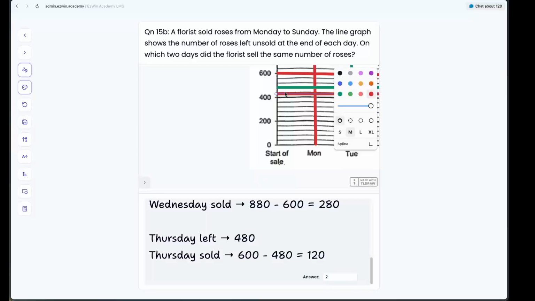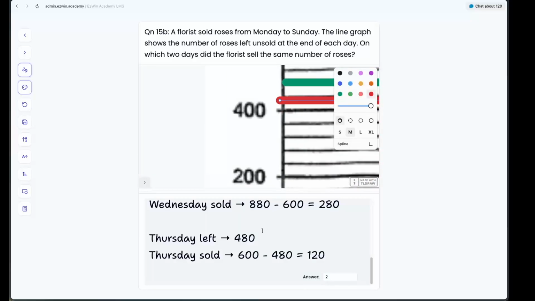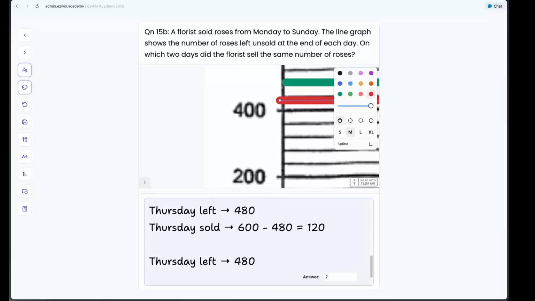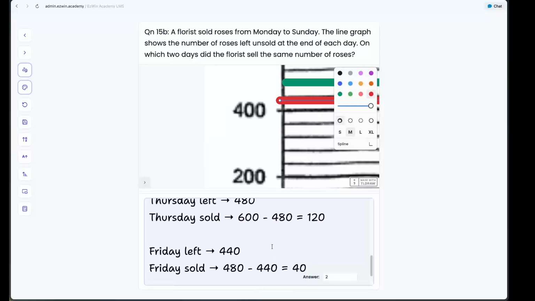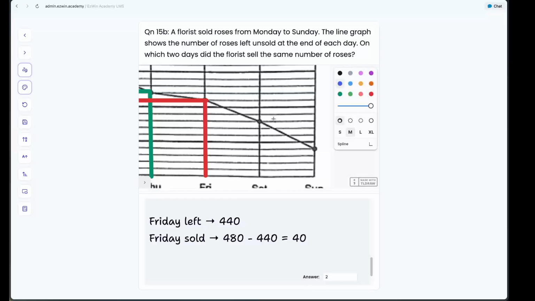For Friday, it's only 1 gap above 400, which means it is 440 for Friday. That means we sold not a lot, which in this case is 40. Let's look at Saturday. I'm going to put it in blue.